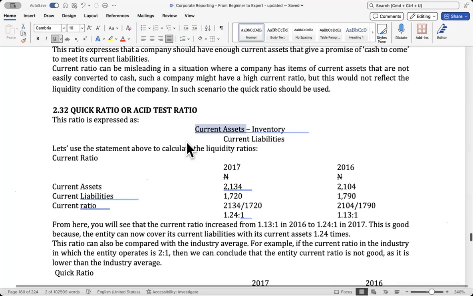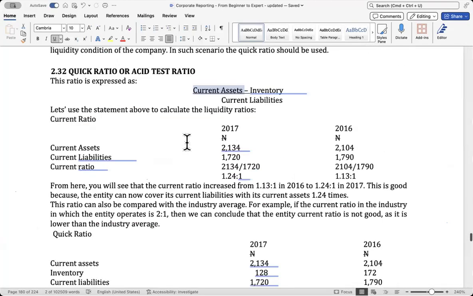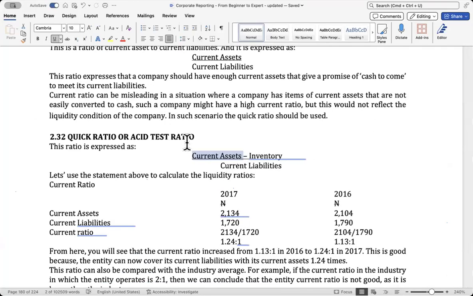And there is another one, which is not here, that's cash ratio. Cash ratio goes even further by looking at your cash and cash equivalents. Let's put your cash and cash equivalents over your current liabilities, and see whether you have sufficient cash to settle short-term liabilities.